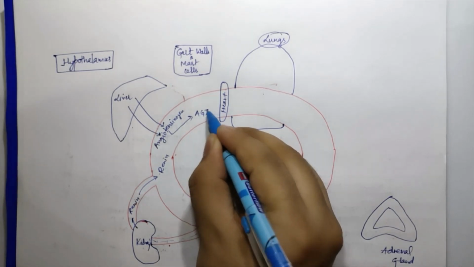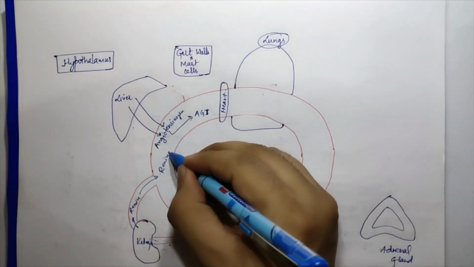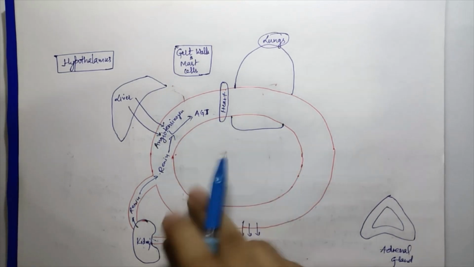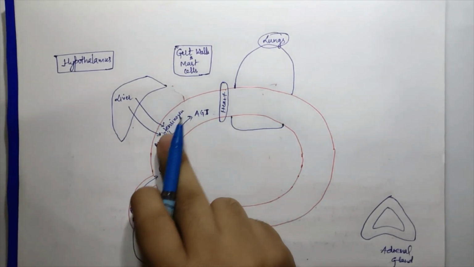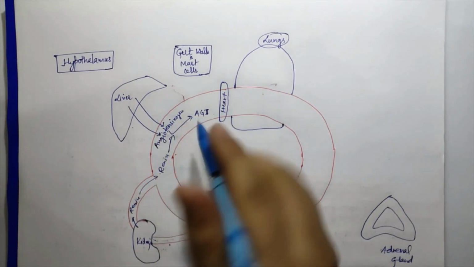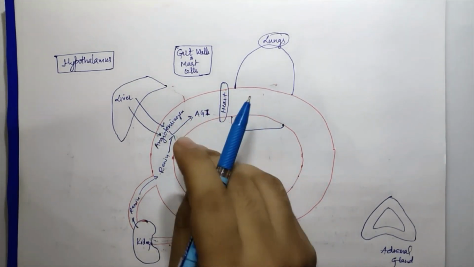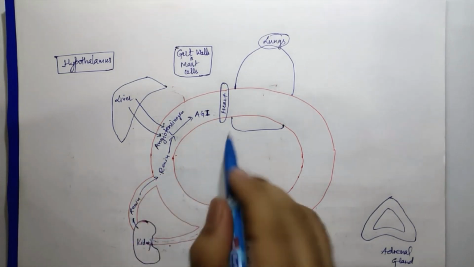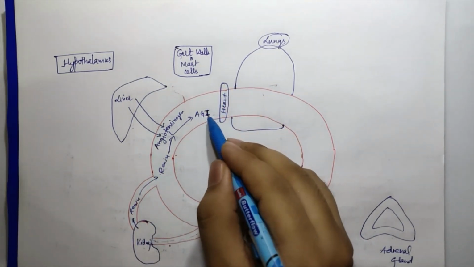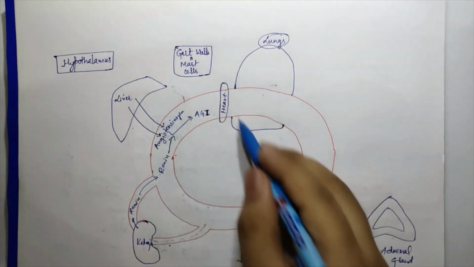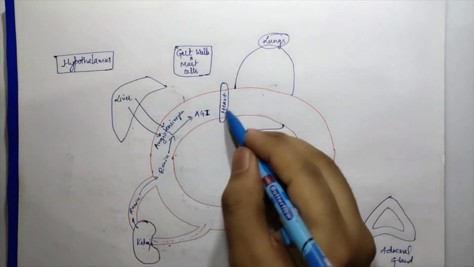So this is the main function of renin, to convert this zymogen form, angiotensinogen, into angiotensin 1. And subsequently, this angiotensin 1 is carried by blood circulation through the heart into the lungs.